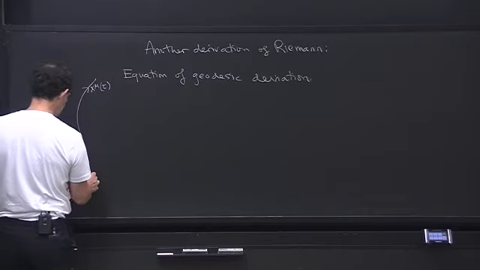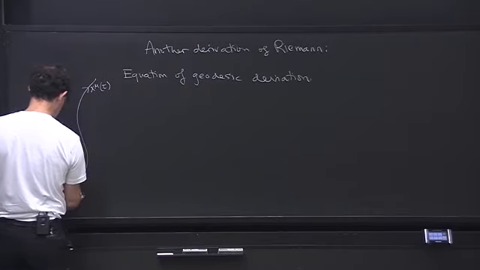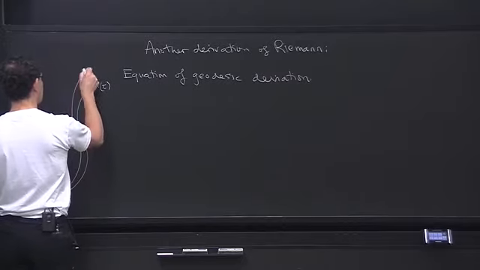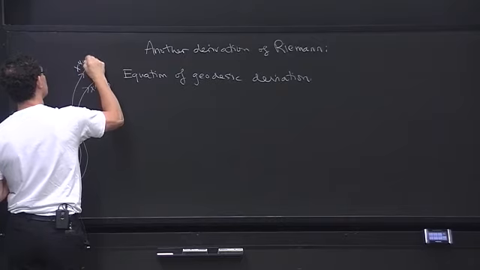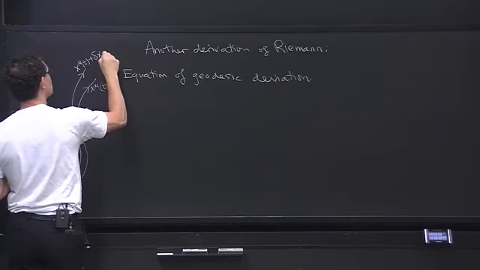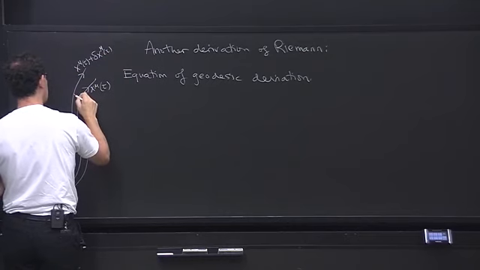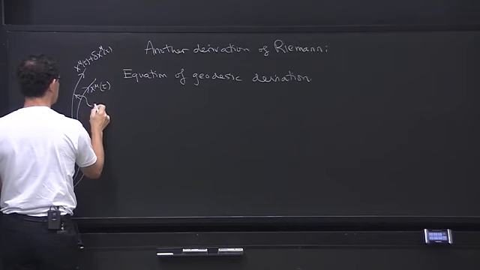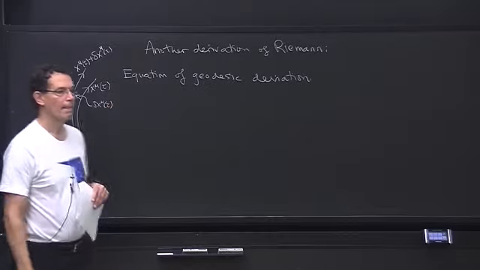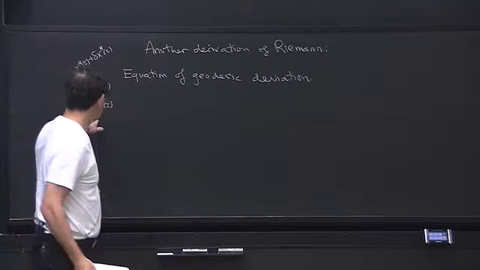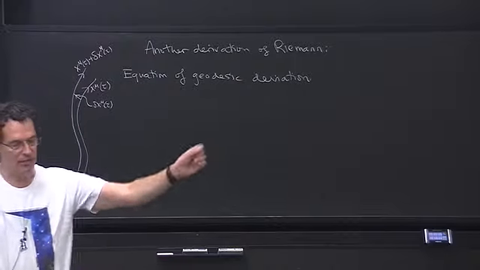So I've got one geodesic, and let's consider another geodesic, which is nearby. So this geodesic will be x mu of tau plus delta x mu of tau. And at any fixed tau, the difference between the two is delta x mu. Okay, so that is the geodesic deviation. So this is a very physical thing.